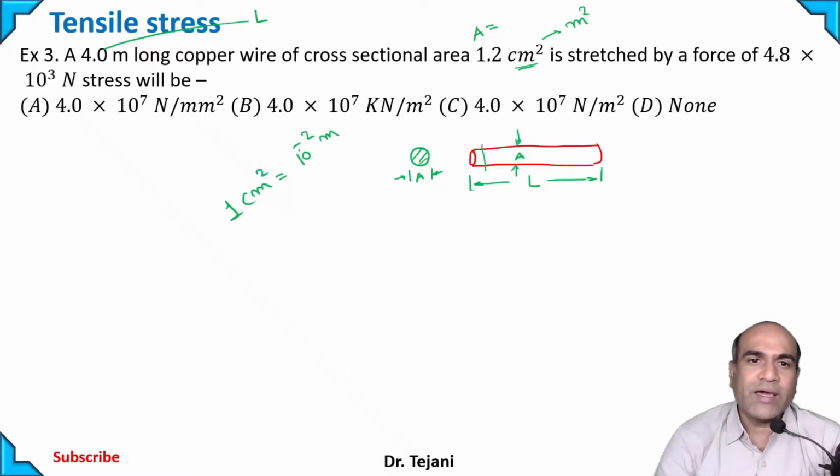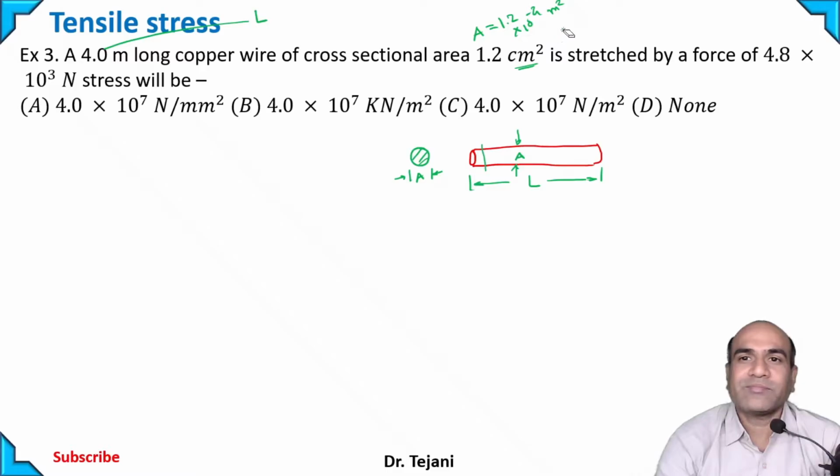And if it is square, we need to square it, so here it becomes minus 4, not plus 4, right? So A becomes 1.2 multiplied by 10 power minus 4 meter square.